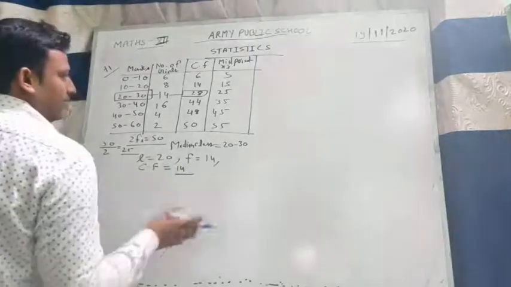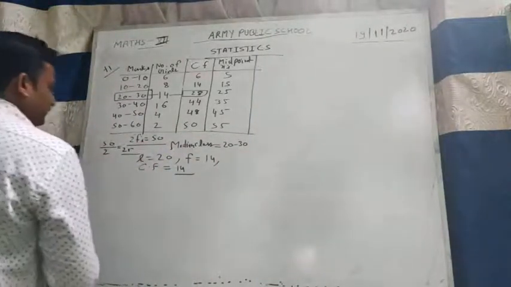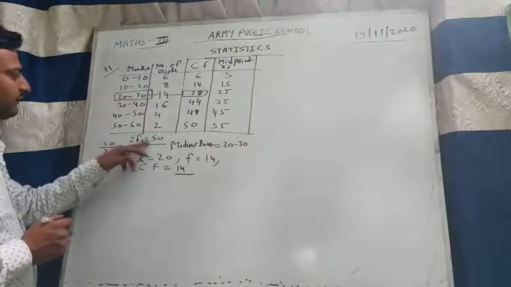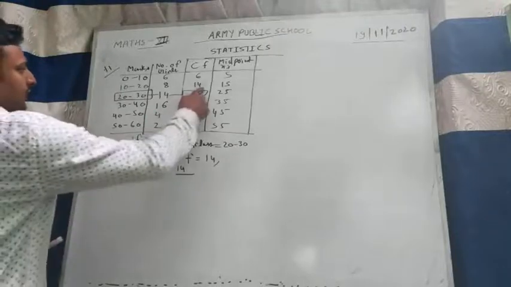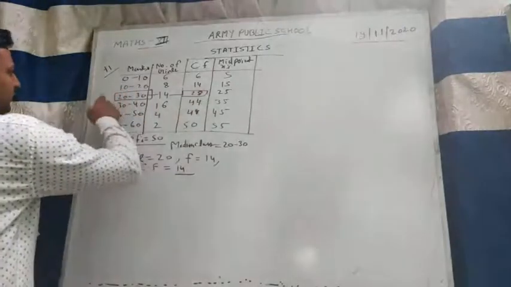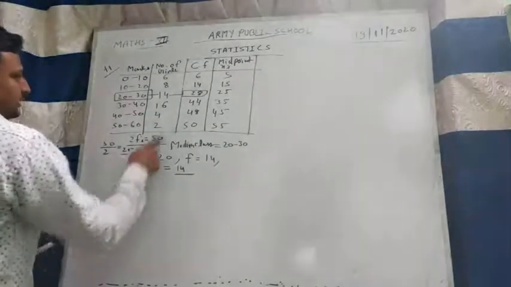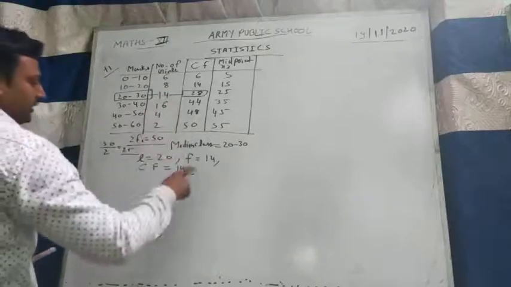Okay. Now from the given information we will find out our median, because we are seeing that our sum of frequency is 50. So we take the half, and this lies under this. So the median class is this. So the lower limit is 20. CF will be 14, and the frequency will be 14.